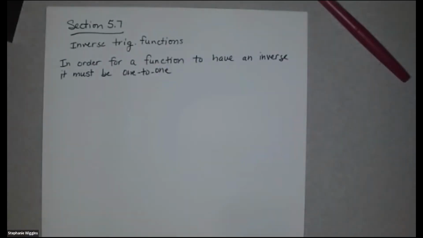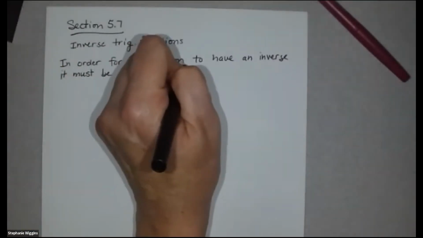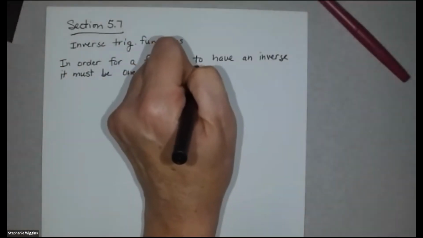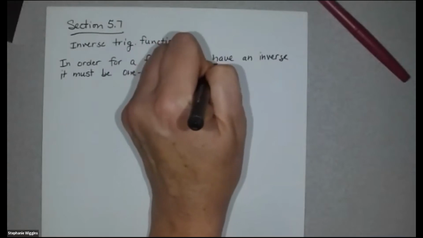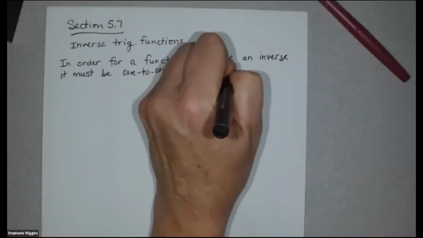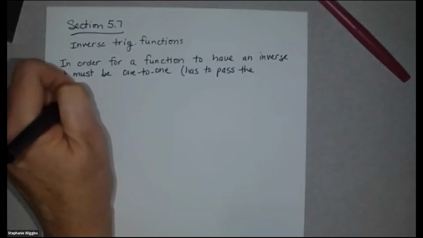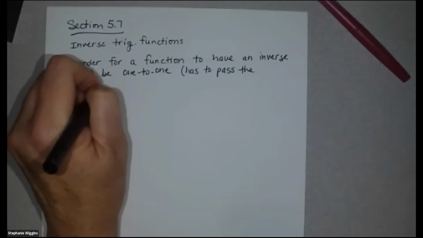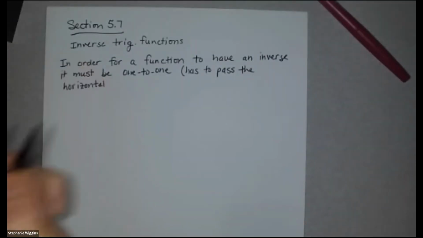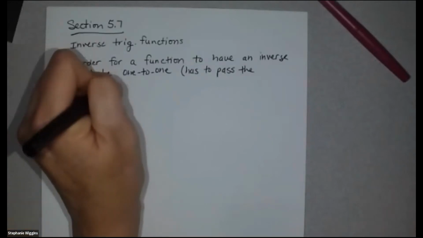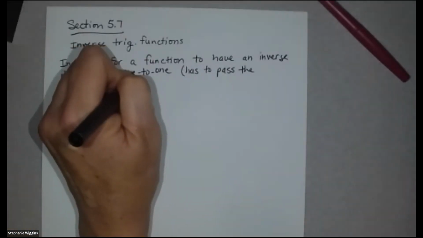It must be 1-to-1, and so it must pass the horizontal line test. Do you remember that from algebra? It's okay, I'm telling you now. So if you forget, I'm telling you now. It has to pass the horizontal line test.